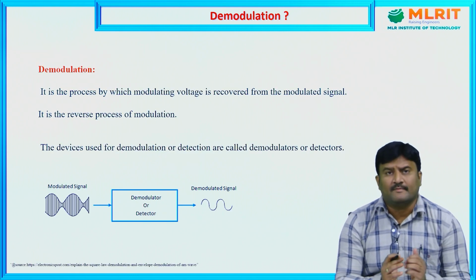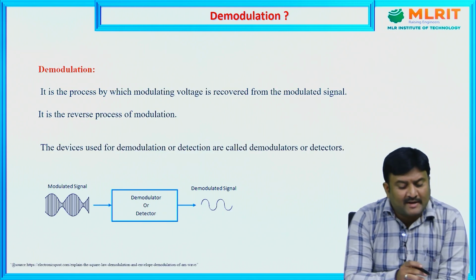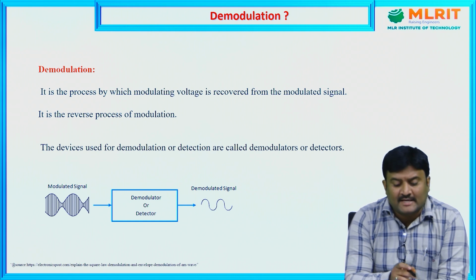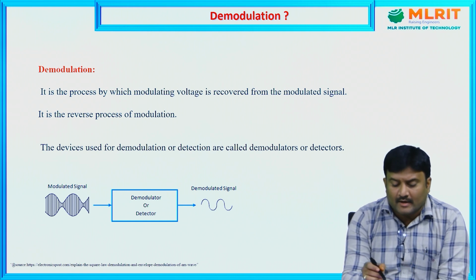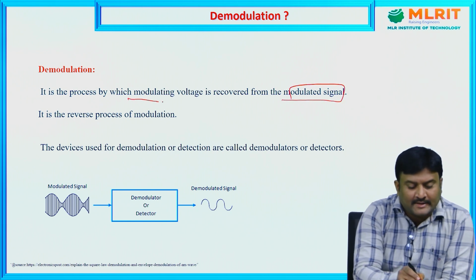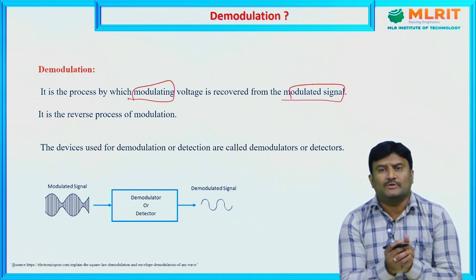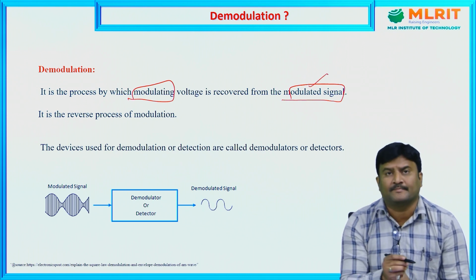From the definition point of view, it is the process by which the modulating voltage is recovered from the modulated signal. The input is the modulated signal, and the output is the modulating signal, the message signal.